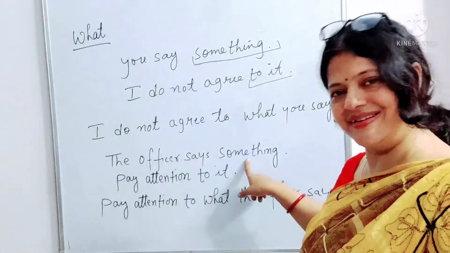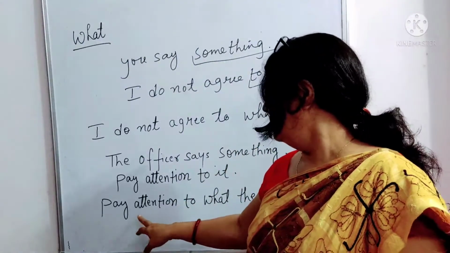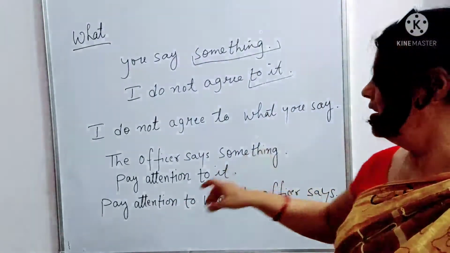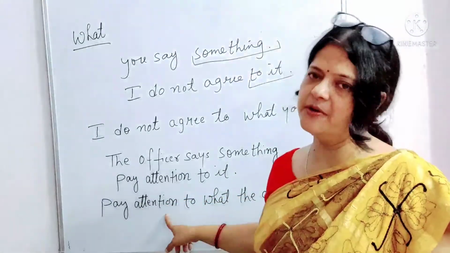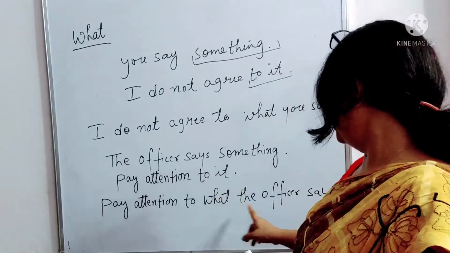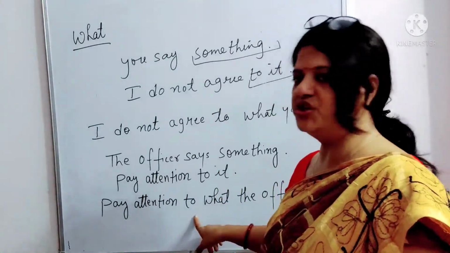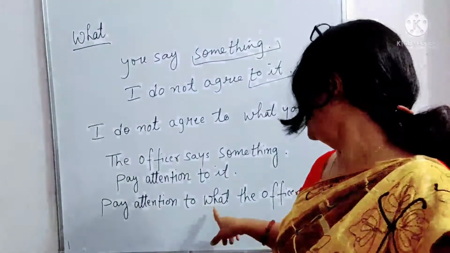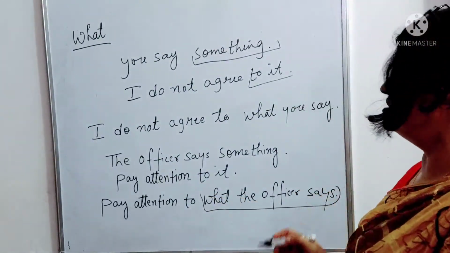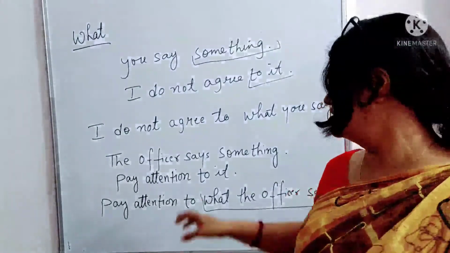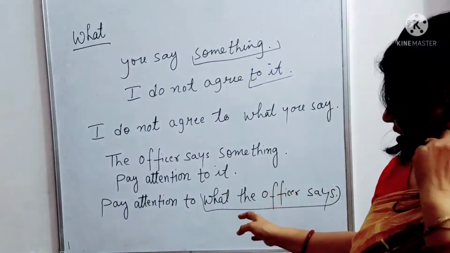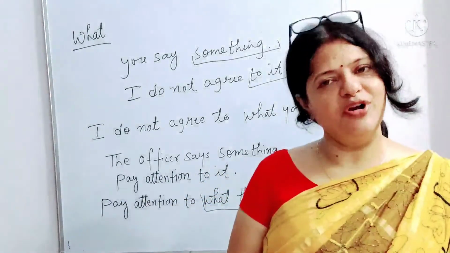We will not write something. So it would become pay attention to what the officer says. Now pay attention to has become the principal clause, and to is the preposition, then what the officer says. So till pay attention to we have the principal clause, and what the officer says is the subordinate noun clause, object to the preposition to, and it is depending on the main clause for its meaning.